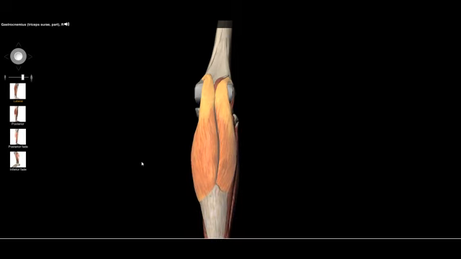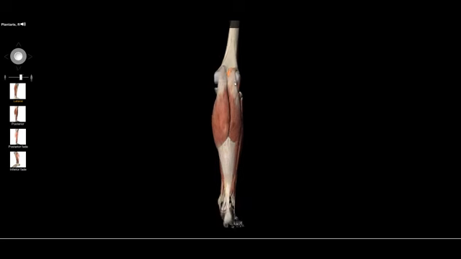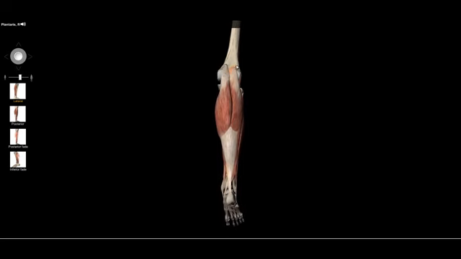Another little muscle that we need to mention is the plantaris. It's a small muscle that runs right along from the lateral femoral condyle and inserts into the calcaneus, and it's just a very small muscle belly with a big long tendon.